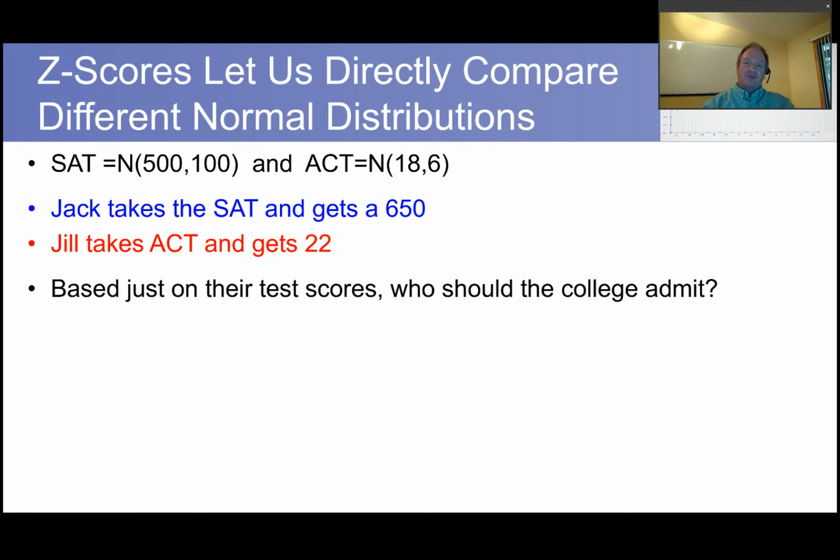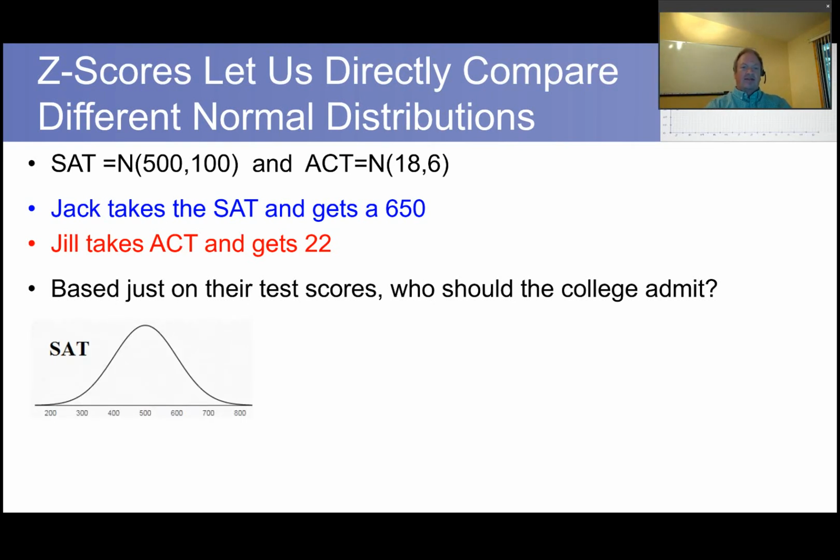And we want to ask, based just on their test scores, who should the college admit? And let's suppose that they're equal in every other sense as far as their application. Obviously, they're not equal with respect to gender, but let's suppose the college is going to be gender blind. They're not going to weight one candidate over the other based on gender. So based solely on their test scores, who would get in?